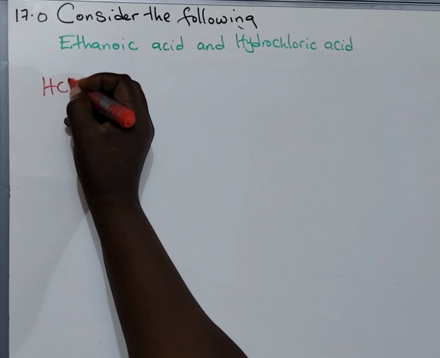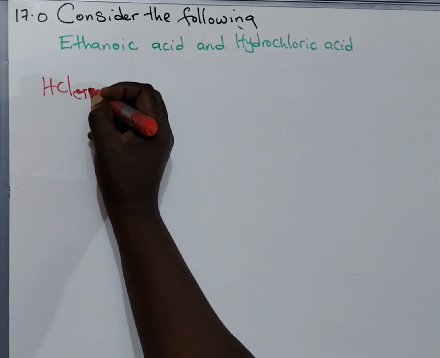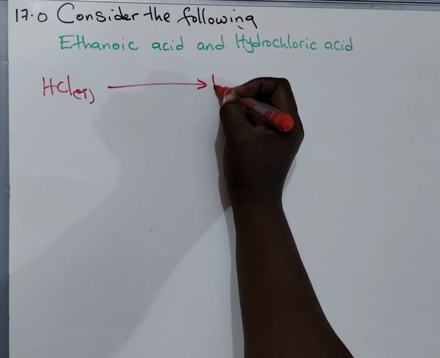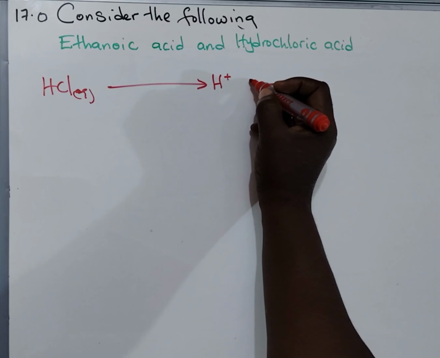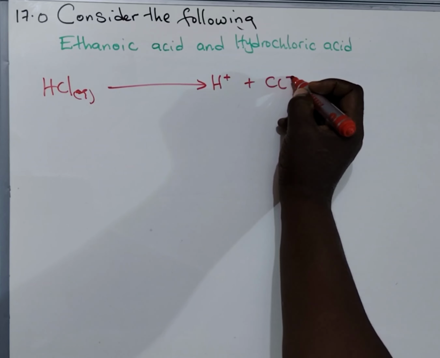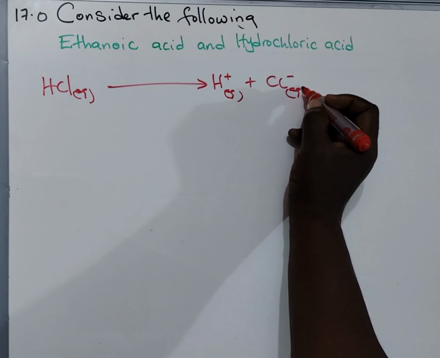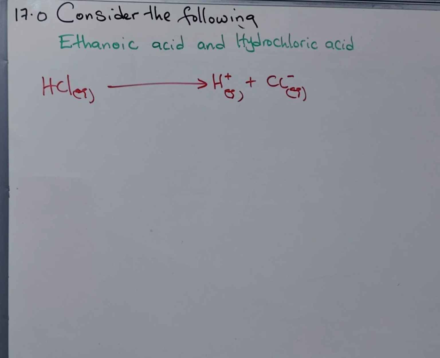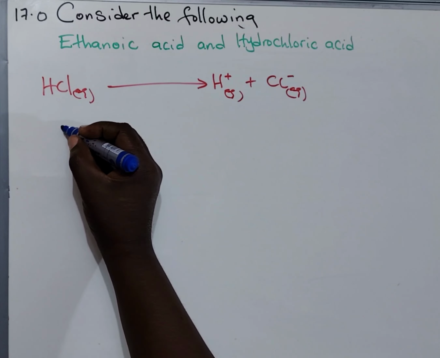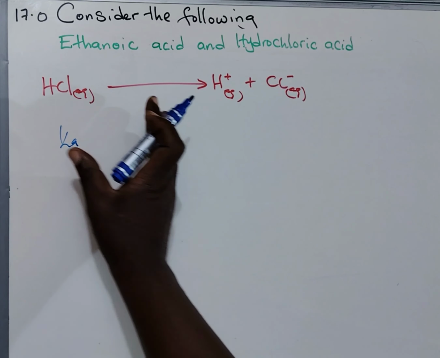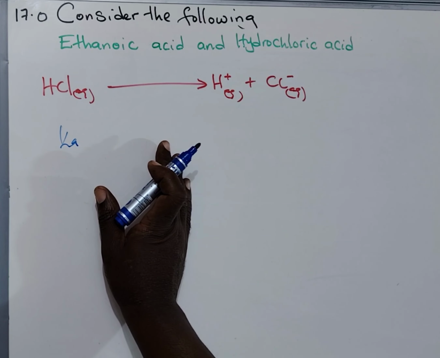It is HCl aqueous, and on ionization we have H plus and Cl minus, both aqueous, meaning dissolved in water. So Ka is equal to the concentration of the products over the concentration of the reactants.